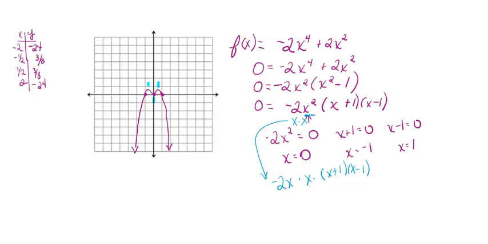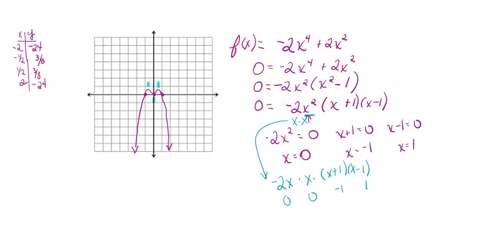And if negative 2x equals 0, or x equals 0, or x plus 1 equals 0, or x minus 1 equals 0, so really I have 0, 0, negative 1, and positive 1 as my zeros, or my solutions. But the 0 repeats itself. And that happens when your factor has a power that's higher than 1, if you've got a repeated factor.